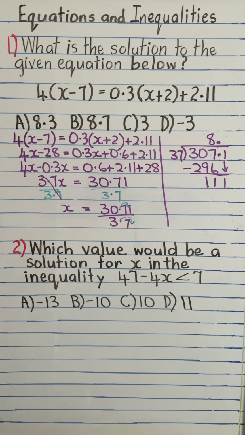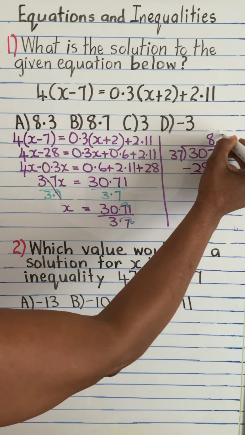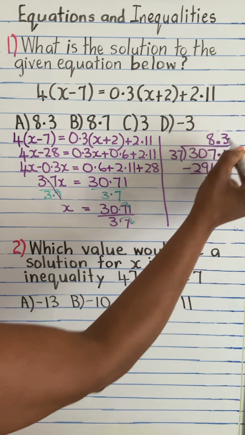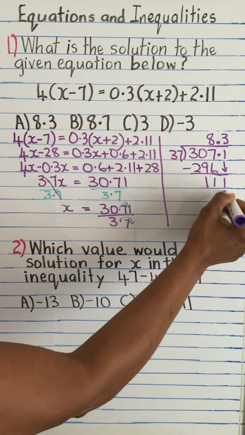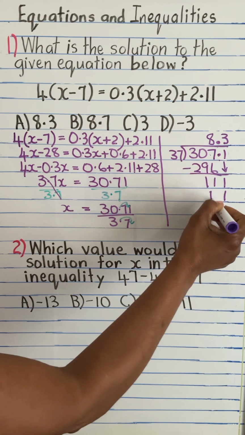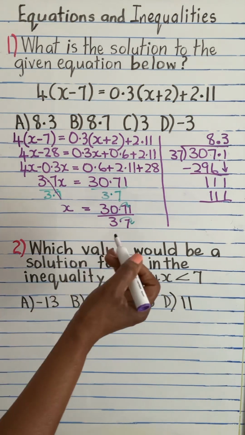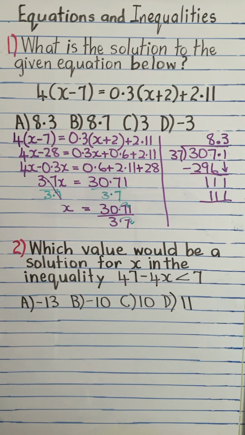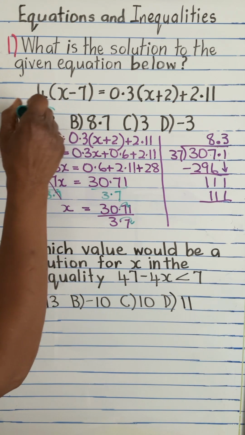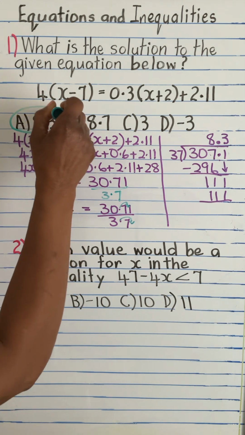How many times can 37 go into 111? Let's try 3. 3 times 7 is 21, 3 times 3 is 9, and 2 is 11, and that is equal. So final answer 8.3. So we look at our choices, and A is the correct choice.